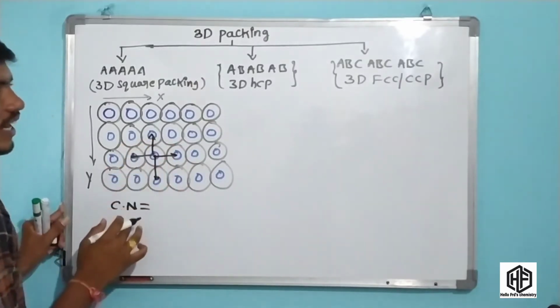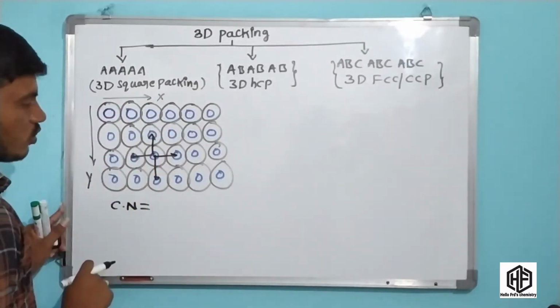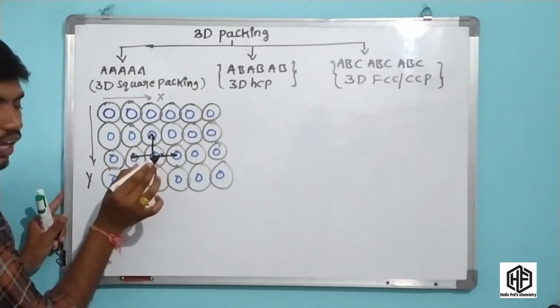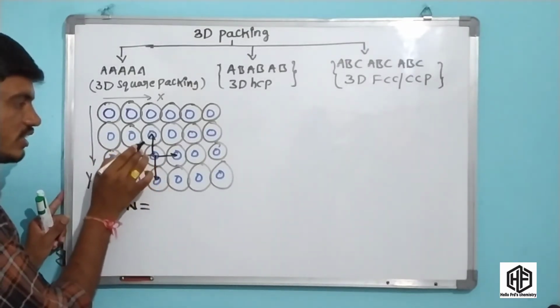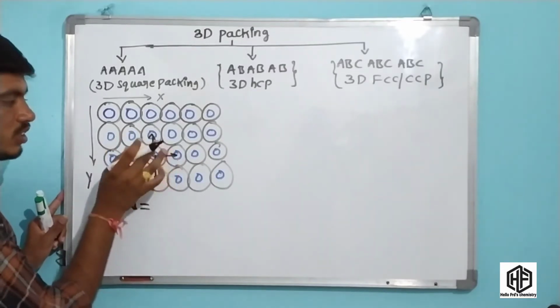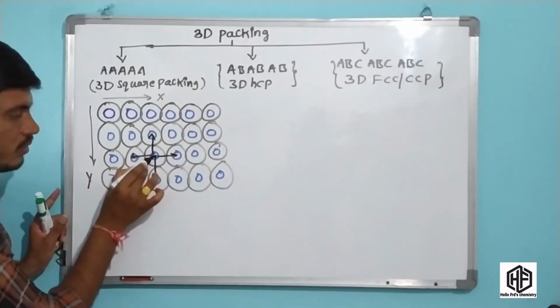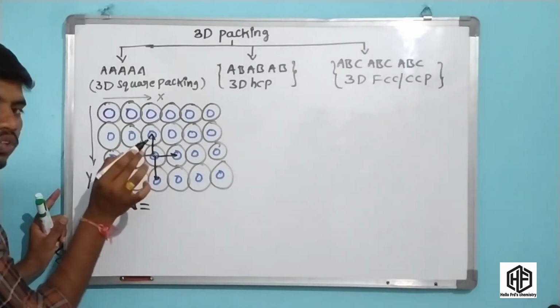In the x direction and y direction, this atom touches four atoms. Above the atom there is a touching atom, and below the atom as well. This atom touches the atom inside and the atom outside.